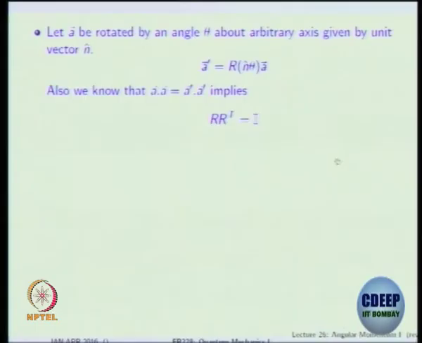If it had complex entries, then it would have become a unitary matrix. So an orthogonal matrix is also a subset of unitary matrices once you put them to be real entries. Otherwise, you have to do a complex conjugate and then a transpose. Since they are real entries, you don't need to do a complex conjugation, just do a transpose. So they are also unitary matrices.